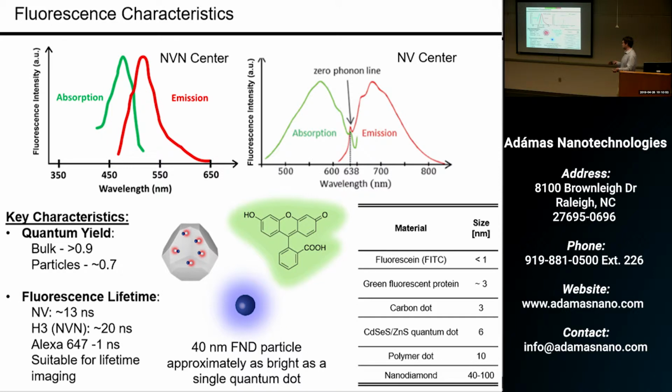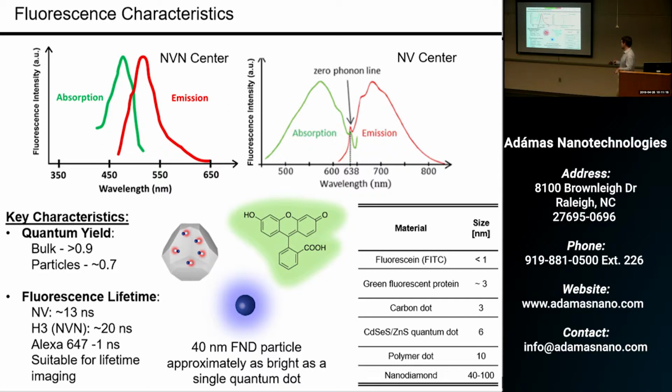So you can see the quantum yield for color centers in diamonds is around 0.7, while Alexa 647 is about 0.33. And then fluorescence lifetime is roughly an order of magnitude higher for color centers in diamond as compared to Alexa 647. So they're very suitable for these lifetime time-gated imaging applications.